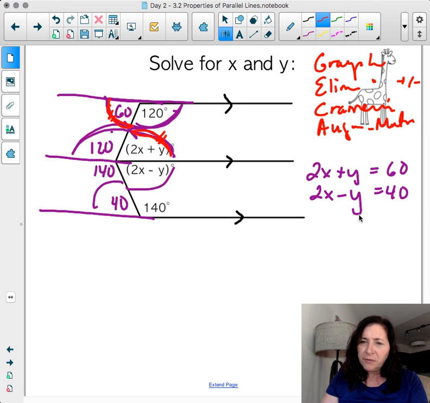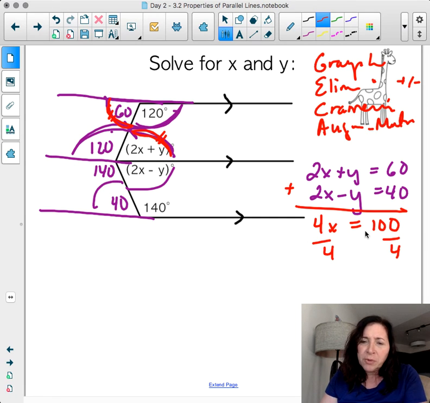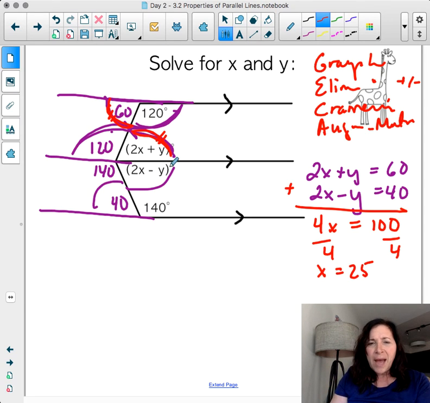But this is pretty straightforward, and I'm just going to add these two equations together. And in doing that, I'm going to get 4x, these are going to cancel, is equal to 100. I'm going to divide both sides by 4, or I'm multiplying by 1/4, and I get x equals 25. So I'm going to go back up to my equation, and it could be either this one or this one, just pick one.